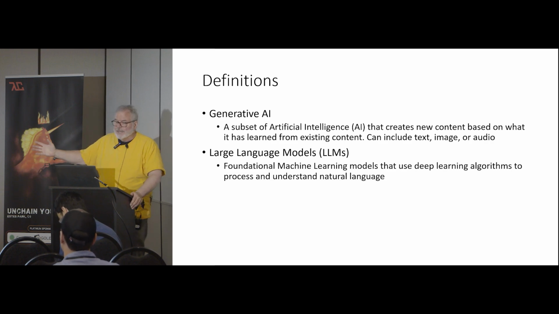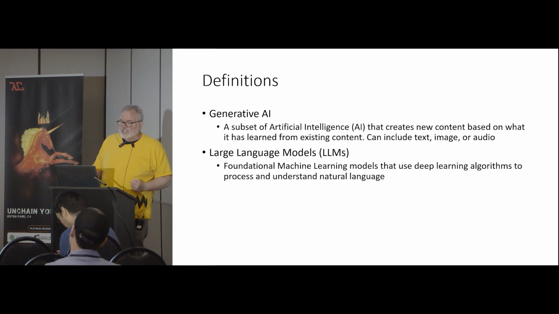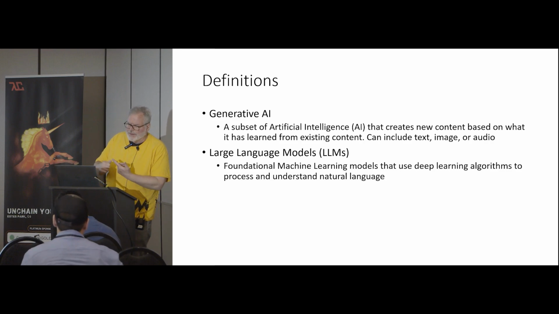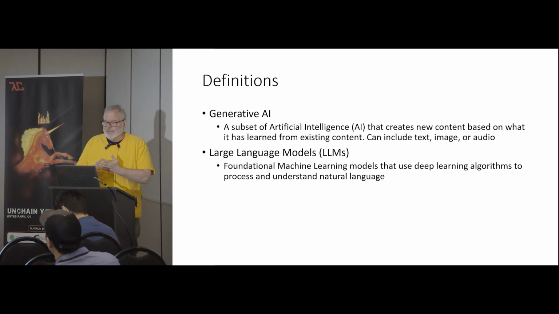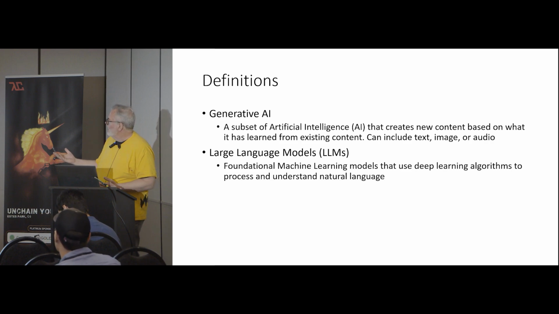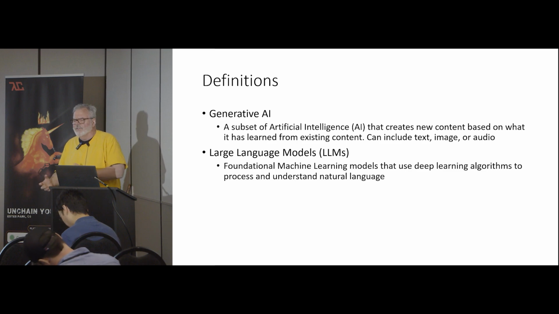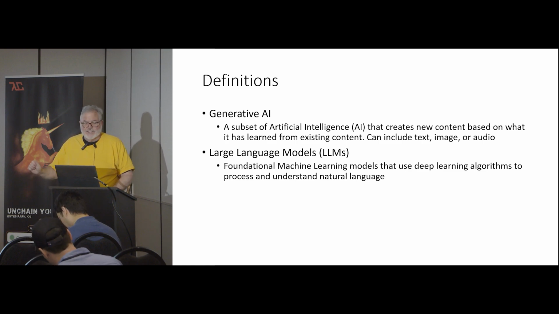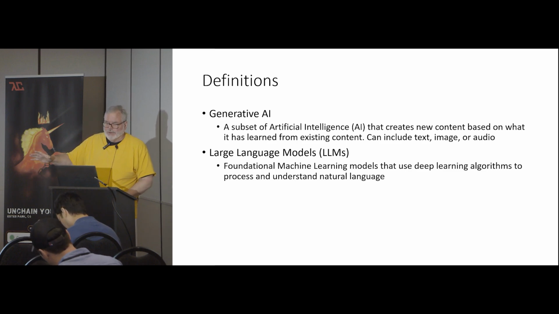So generative AI is this idea that we can generate new content, and that content can be text, it can be voice, it can be images. It's done based on looking at lots of existing content to figure out patterns. In the case of text, which is what ChatGPT is all about, it uses large language models.